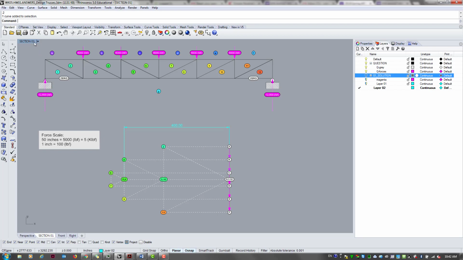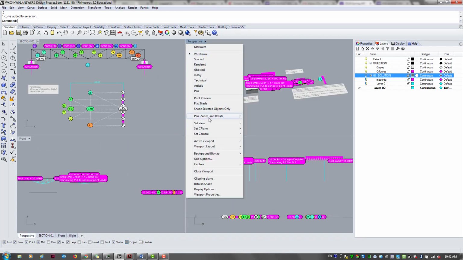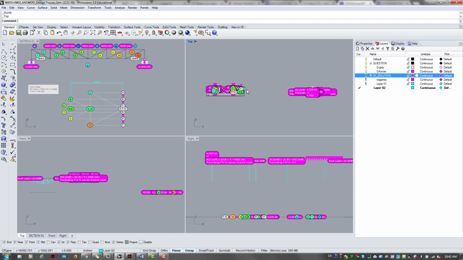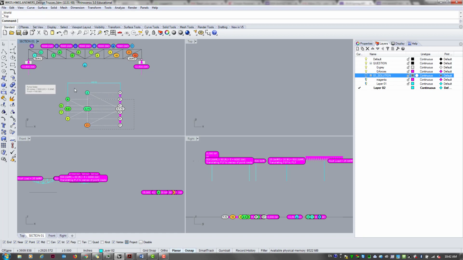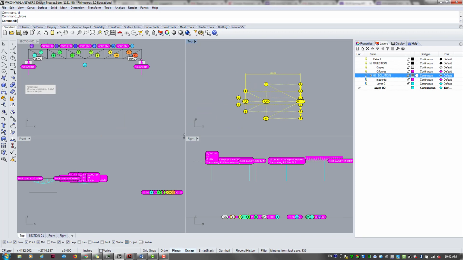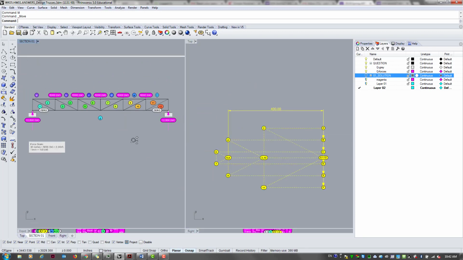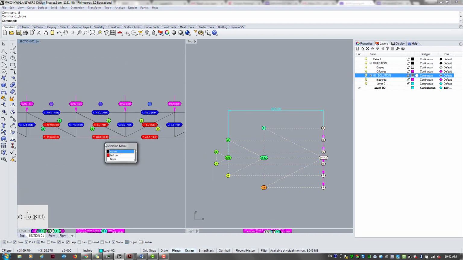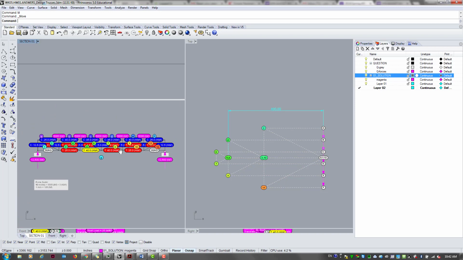Let me actually have two views to show the force diagram and form diagram. So let me go here and move this to the side so we can see both. Right, so we're basically trying to reduce that by 40%.